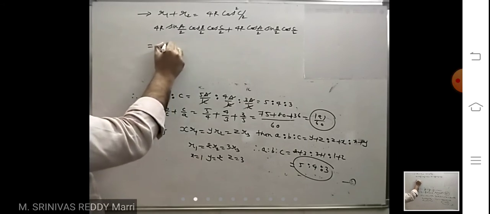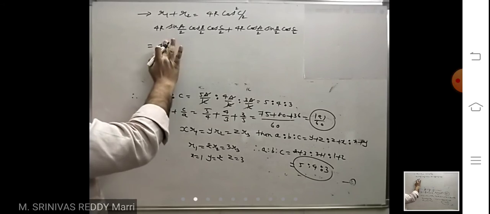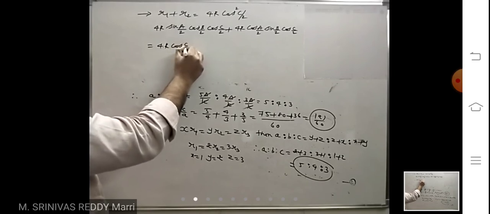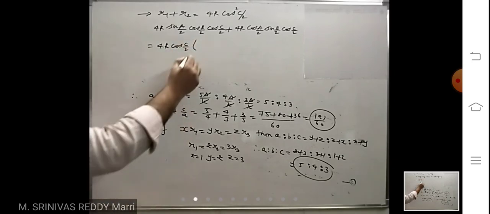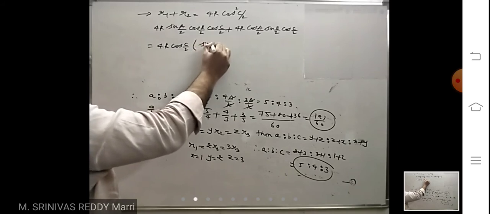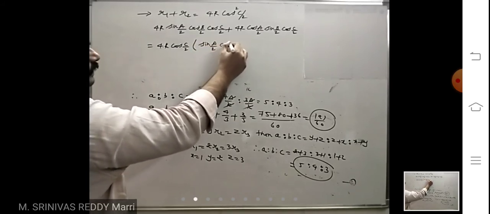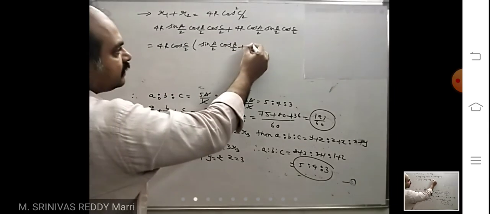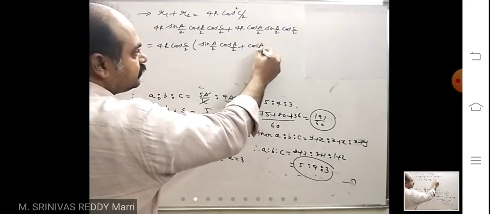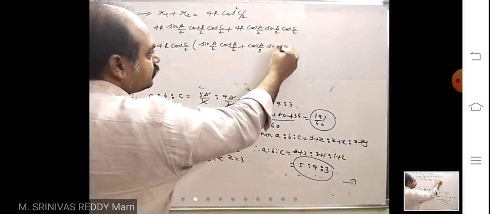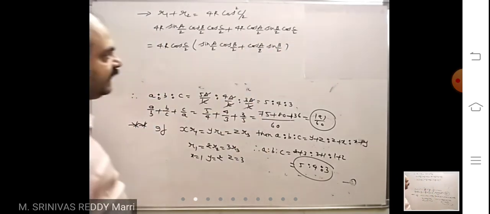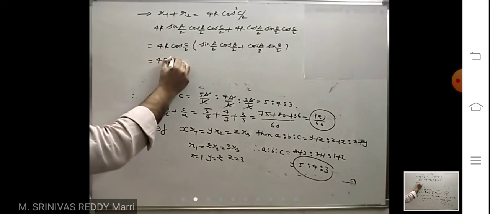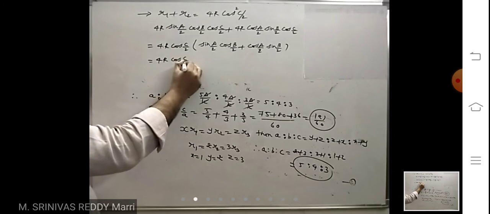So 4R cos C by 2 is common, times sin A by 2 cos B by 2 plus cos A by 2 sin B by 2. This is nothing but 4R cos C by 2.